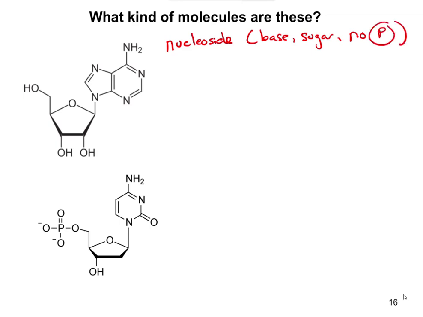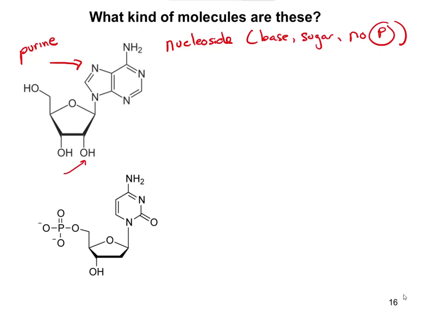So the P with the circle is going to be my abbreviation for a phosphate. This one has just a base and a sugar. I can furthermore say that this one is going to be a purine, because it has the two rings. So we know that it's either going to be adenosine or guanosine based on that. And we can also look at it and say, oh, it has an OH there, so we know that it's not a deoxy. So this is one that would go in RNA.